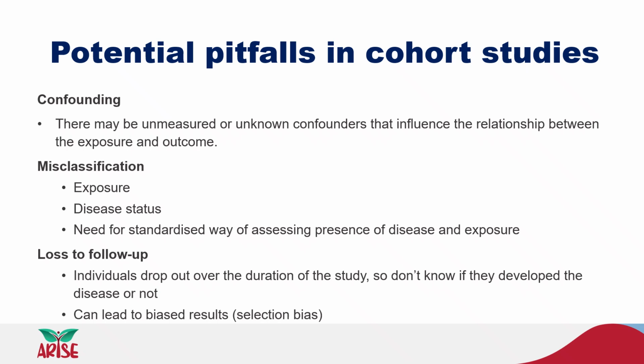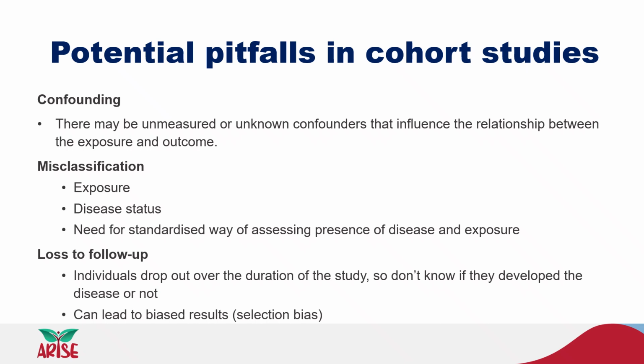A major source of error in these cohort studies then is the accuracy of classification of the exposure and disease status. This is called misclassification. In other words, you may misclassify someone as having the outcome of interest, for example depression, if the tool used to classify or assess the presence of the condition or exposure isn't standardized. It is therefore very important in cohort studies to have a standardized way of assessing for the presence of the disease or the condition and the exposure.